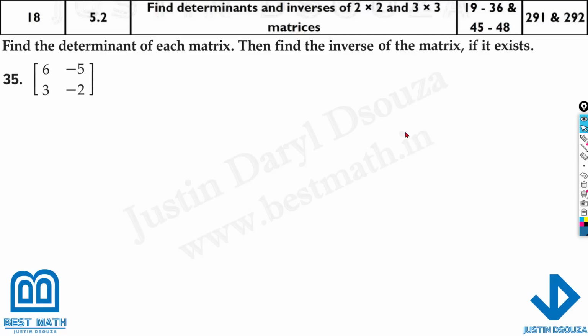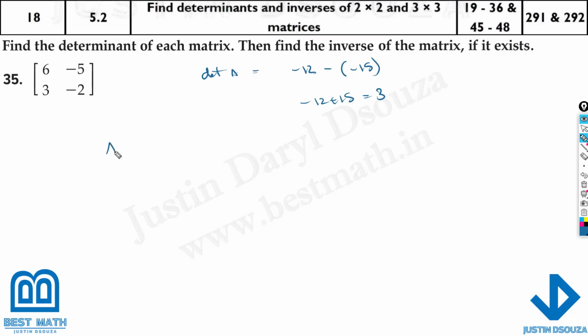Now we are back to the normal ones. Again, I'll do this problem quickly, not in steps, but when you're doing it in your exam, you have to do the steps. So determinant A will be equal to minus 12. 6 times minus 2 is minus 12, minus and minus 15 again. So it'll be minus 12 plus 15, that is 3.